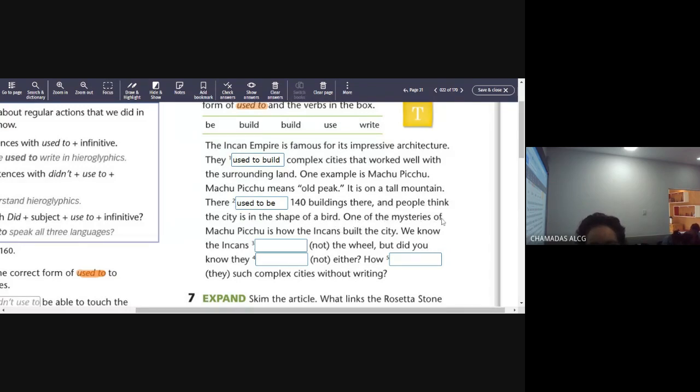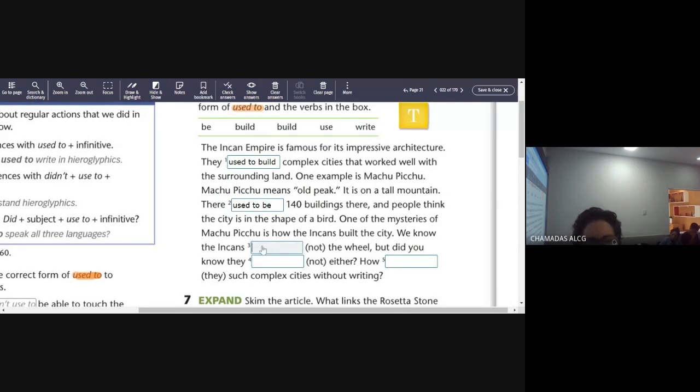One of the mysteries of Machu Picchu is how the Incas built. Look, here we have build in the past. How the Incas built the city. We know the Incans, yes, the negative.